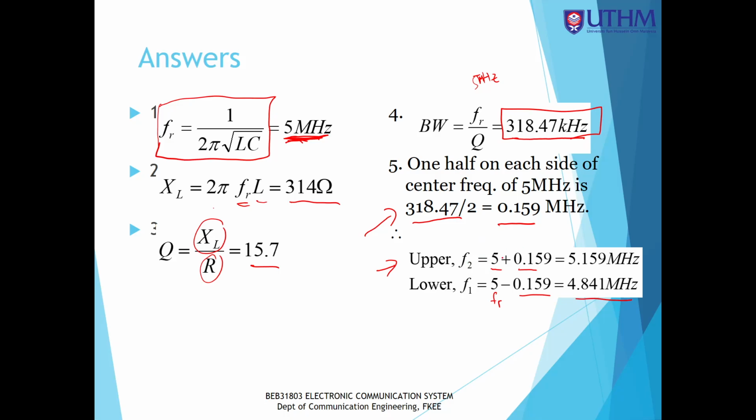For the upper cutoff frequency, 5 megahertz, which is FR, plus 0.159 gives the upper cutoff frequency. The lower cutoff frequency, FR minus 0.159, gives 4.841 megahertz.